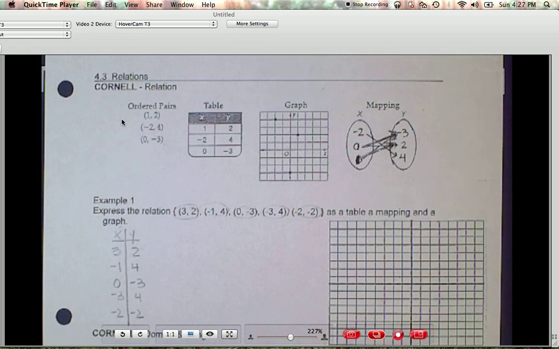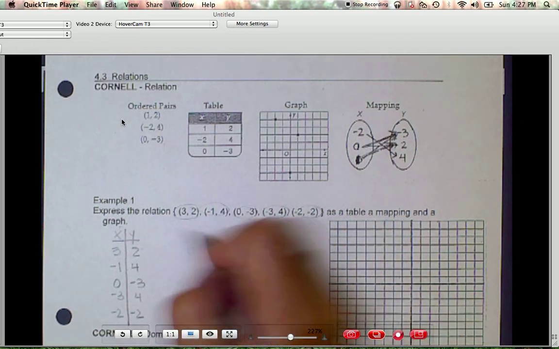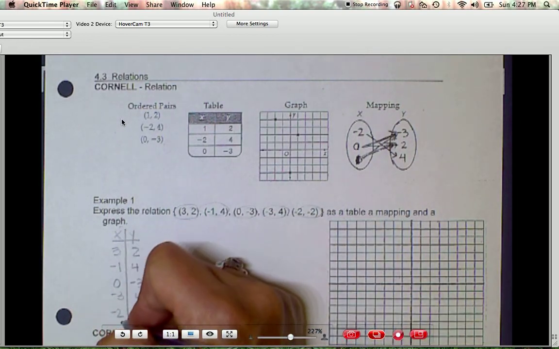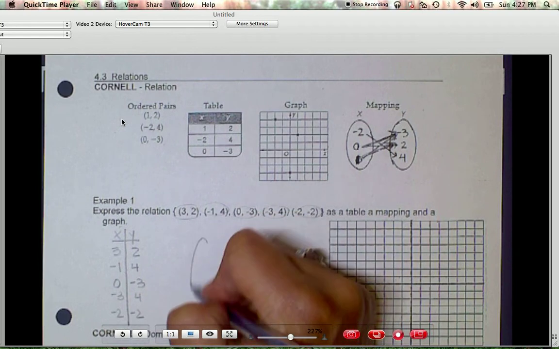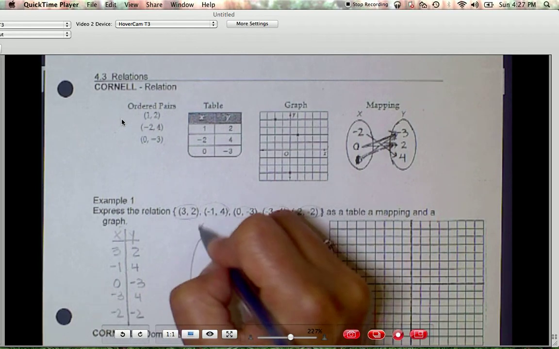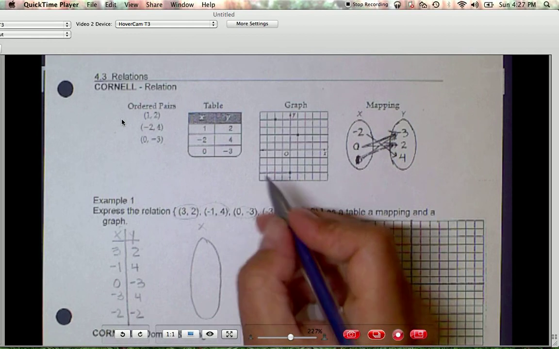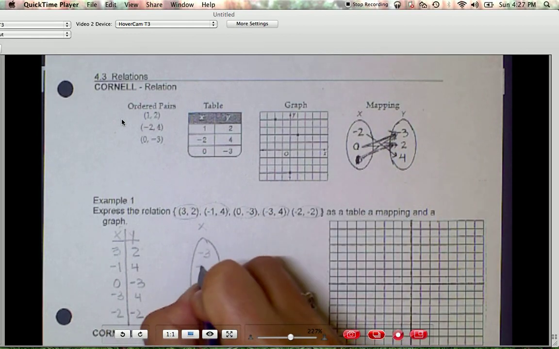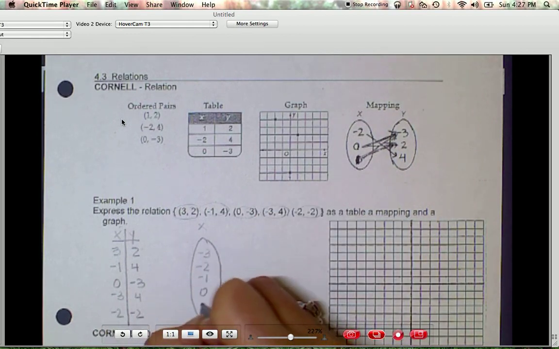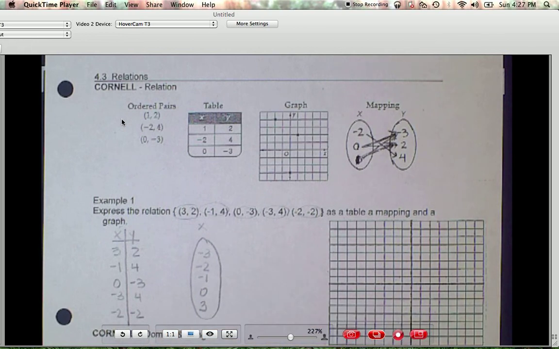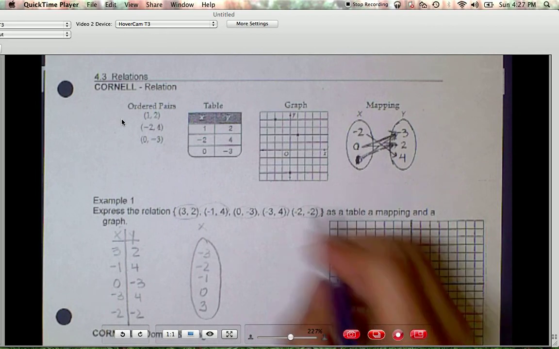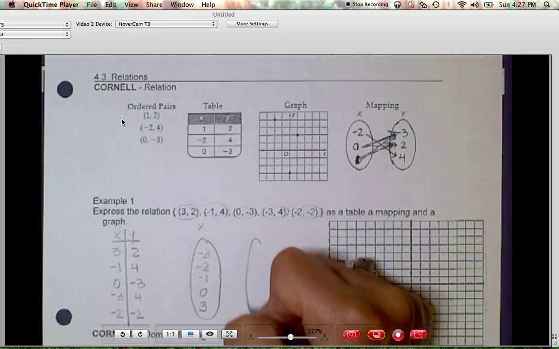A mapping and a graph. So for your mapping, you need to put these x values in the oval on the left, and they need to go in order from smallest to largest: -3, -2, -1, 0, and 3. On the right side, we want to do exactly the same thing for your y values.